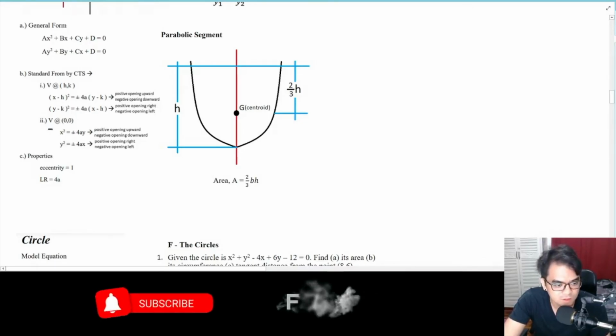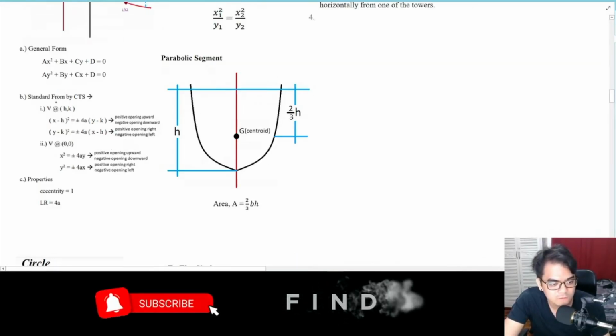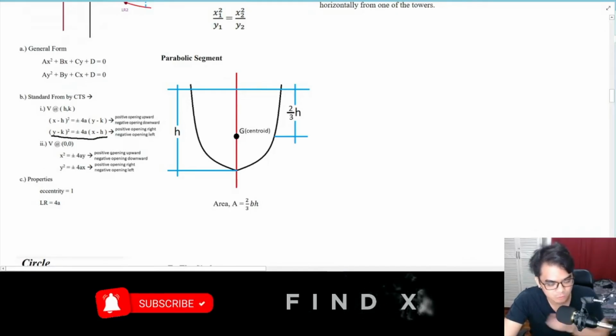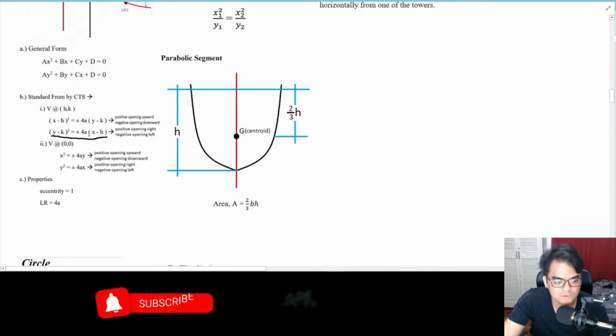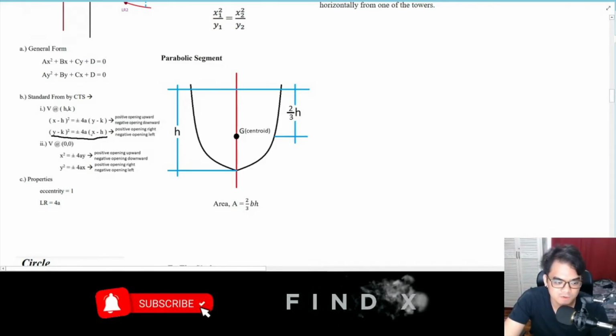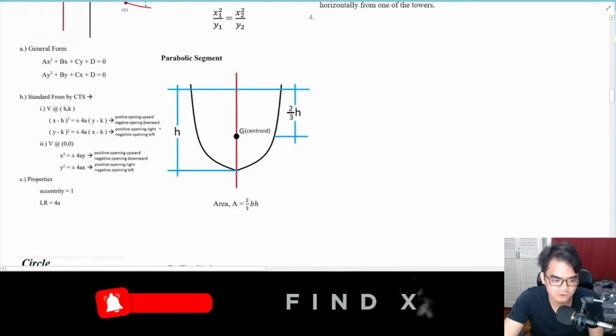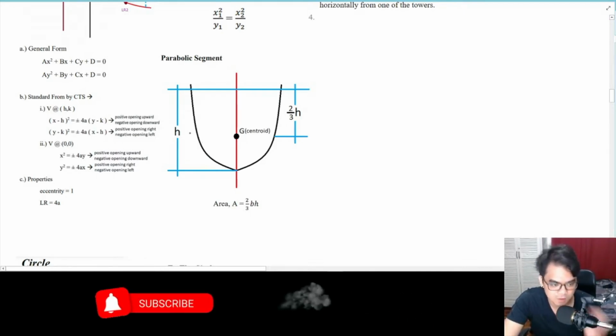The second one is (y minus k) squared equal to plus or minus 4a times (x minus h). If 4a is positive, the opening is to the right, and if it's negative, the opening is to the left.